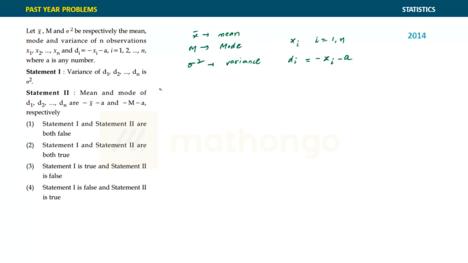This is basically a statement question. Statement 1 says the variance of the new observations d1, d2 up till dn will be sigma square. Now let's check. We know the property. Let me go back to the property.